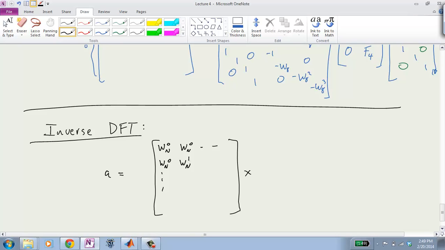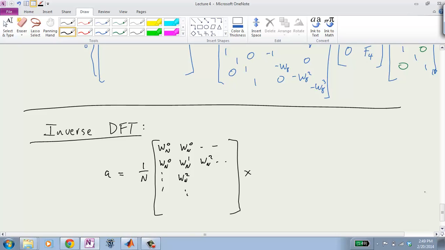Now, in the forward DFT, it was a negative 1, and here it's a positive 1. Dot, dot, dot. Okay, same pattern as the forward DFT, except here we have a 1 over n.